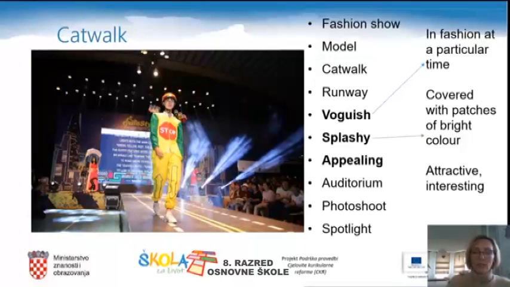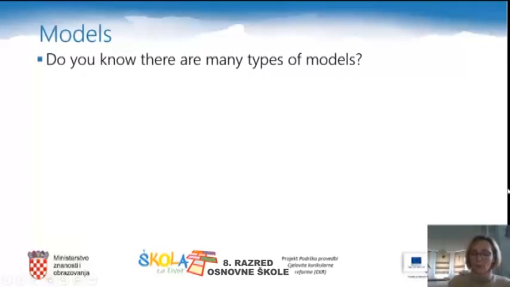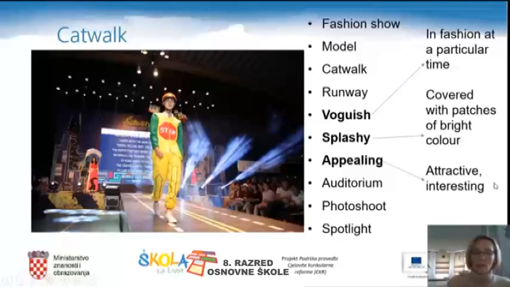You might find it appealing, which would mean that you find it attractive or interesting. Around the catwalk, you can see the auditorium. There are some people who are doing a photo shoot at each fashion event, and the models are in the spotlight.